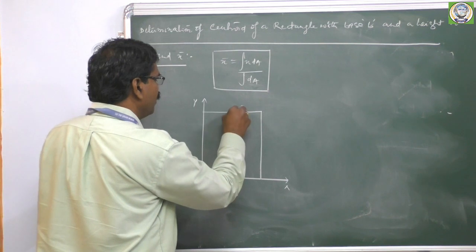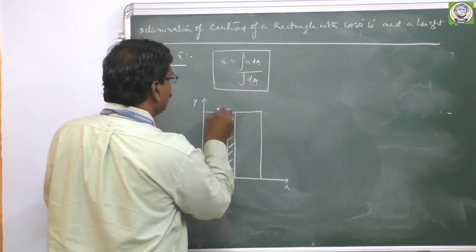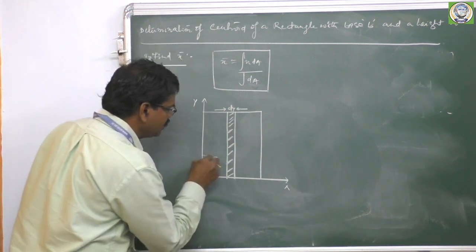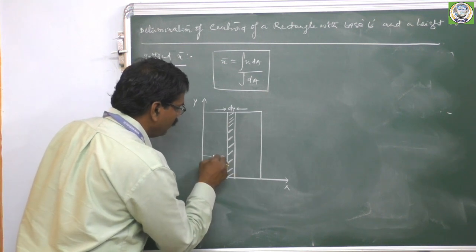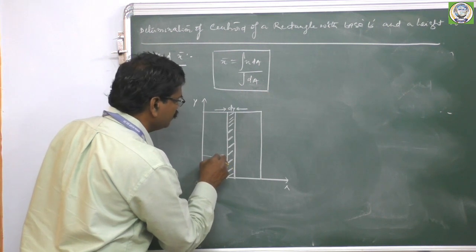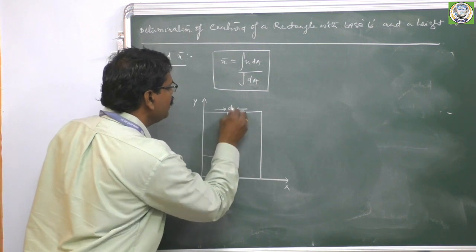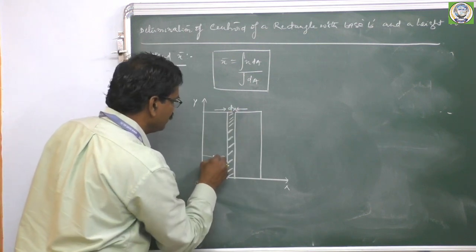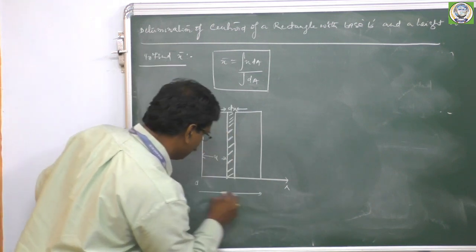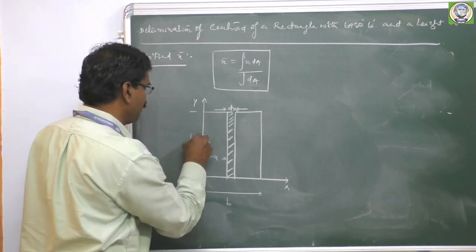There, one elemental area dx is at a distance x from the y-axis. From here to here is b, from here to here is h, we consider like this.